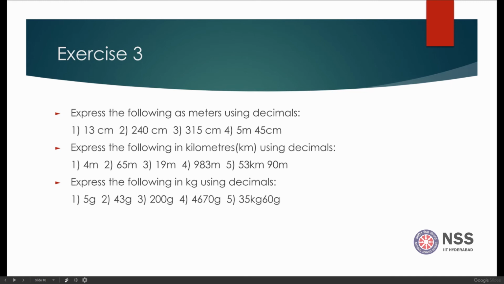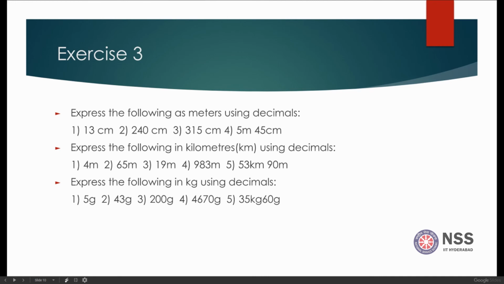So the first one was 13 centimeters. We know that 1 centimeter is equal to 1 by 100 meters. Then 13 centimeters is equal to 13 by 100 meters. That is 0.13 meters.